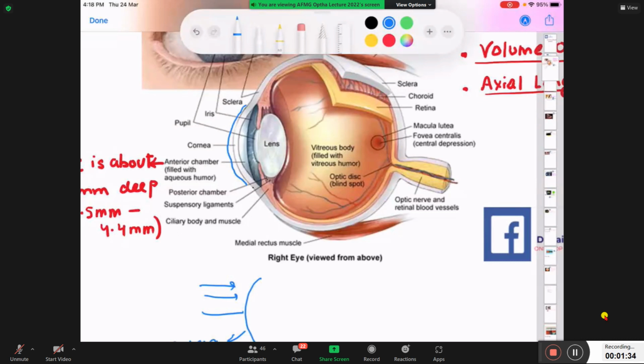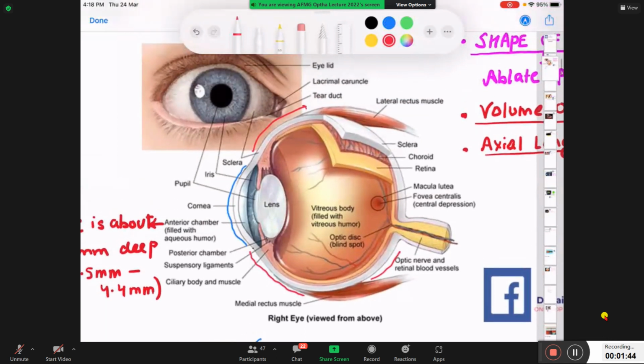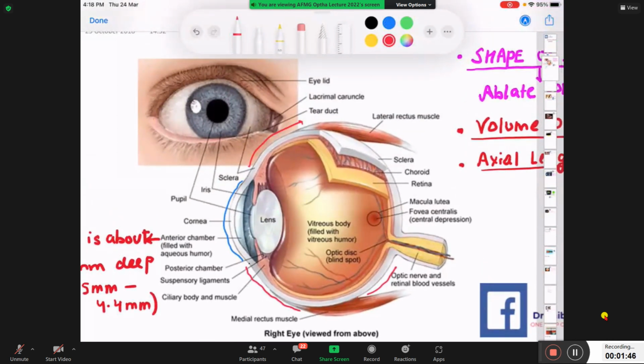And the posterior 5/6 part of the remaining eyeball is called your sclera. Can you see in this image, this white part? This white structure is called your sclera, whereas this transparent structure is called your cornea.